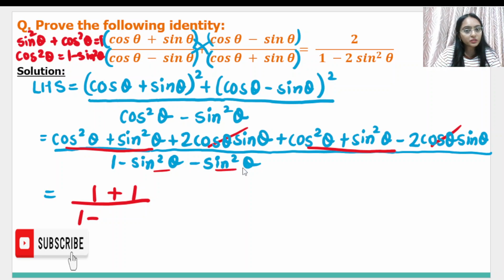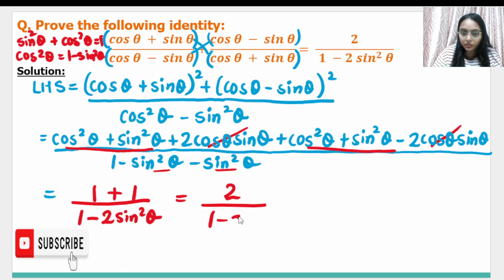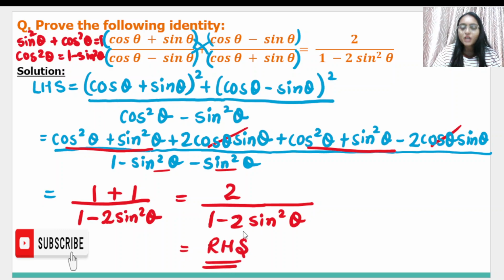So minus minus becomes plus, so it is nothing but 2 sin square theta. So 1 plus 1 gives you 2 upon 1 minus 2 sin square theta, which is nothing but your RHS. So as LHS is equal to RHS, we have proved this identity.